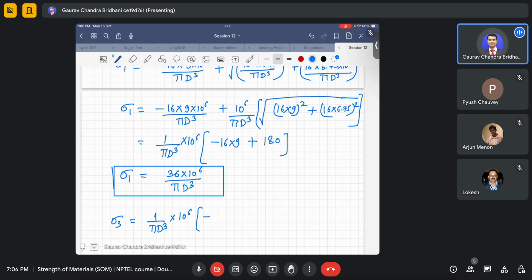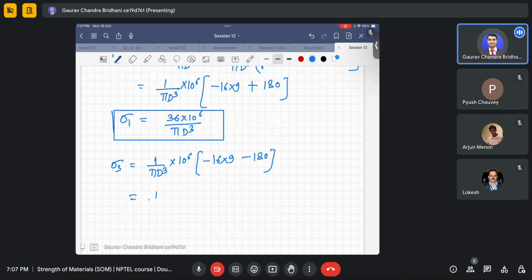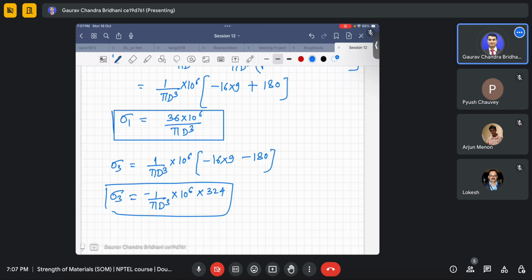Here I'll write minus 16 into 9, and it will be minus 180. Nothing changes, so it will become 324 with a negative sign. Now we have sigma 1 and sigma 3.